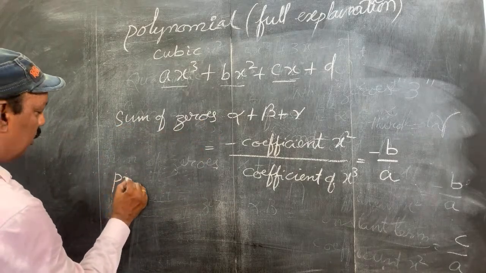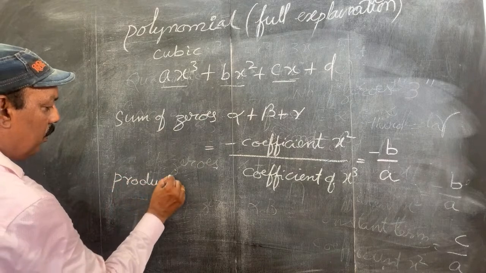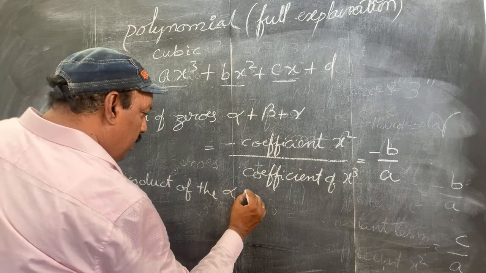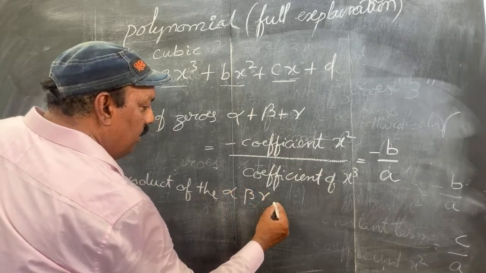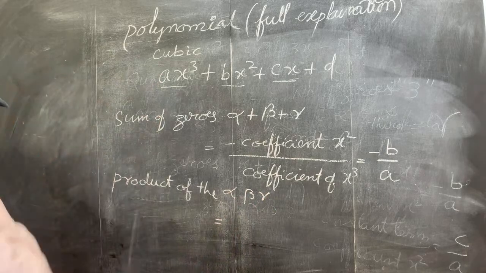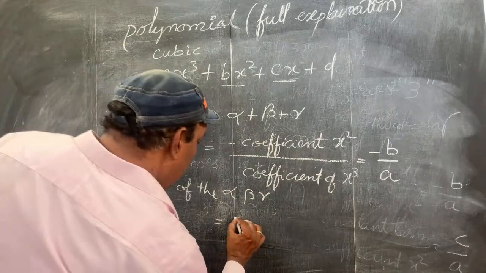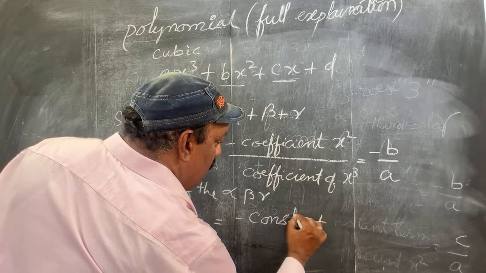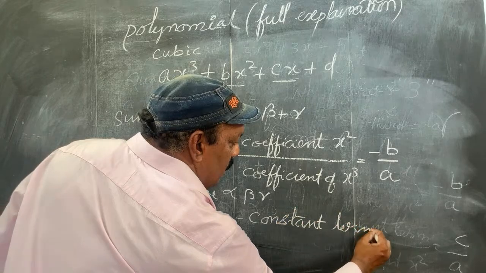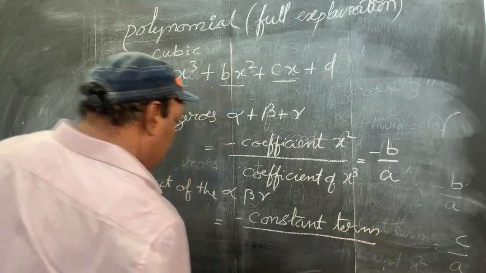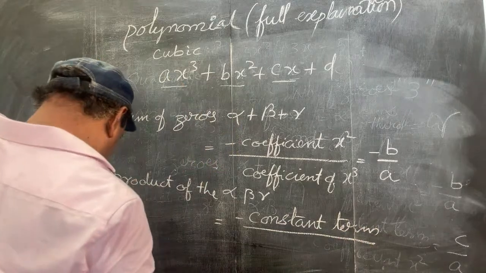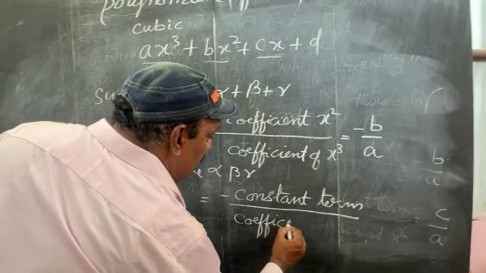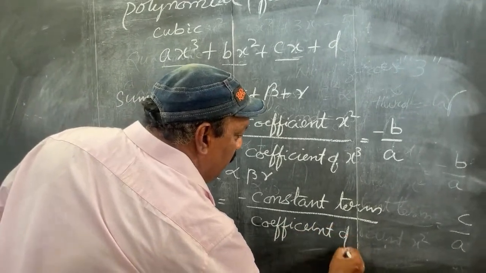Now I'll go through the product of the zeros: alpha into beta into gamma, which is nothing but minus constant term by coefficient of x cube.